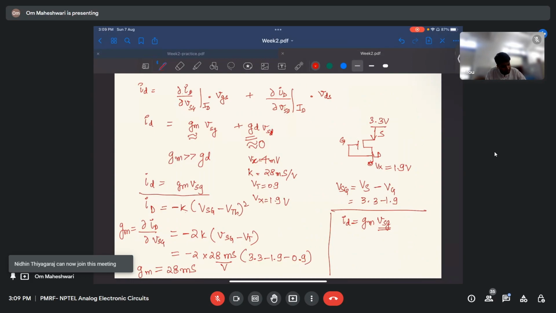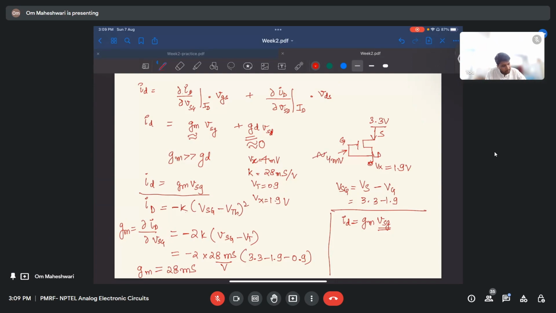It is applied to the gate terminal, not the source. So in terms of VSG, small vgs equals 4 millivolts, then small vsg equals minus 4 millivolts. So it is minus 2 times 28 millisiemens into minus 4 millivolts. It will come out to be 112 microamps.